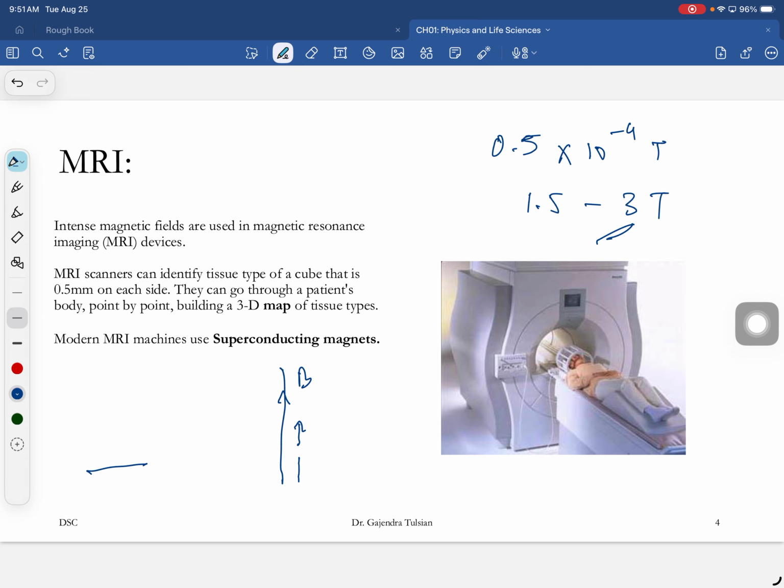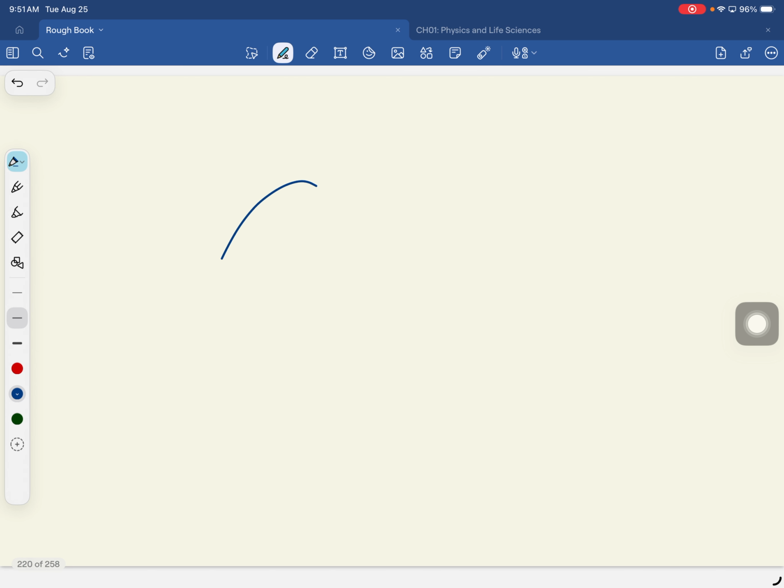If the proton points in the opposite direction, it has a high energy. Okay, so now we're getting to the punchline. So what is it that we want to do? We want to take a picture of this little spot inside your head.